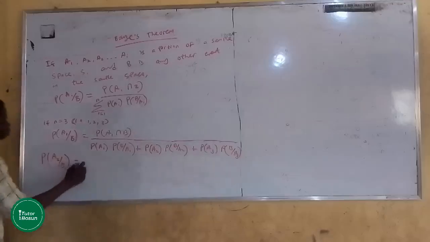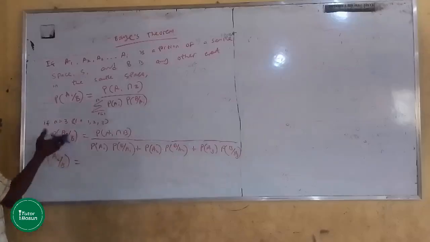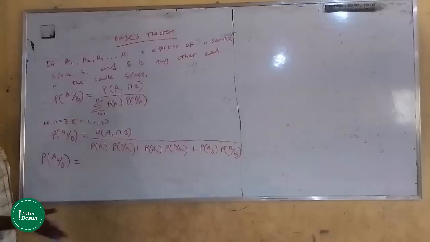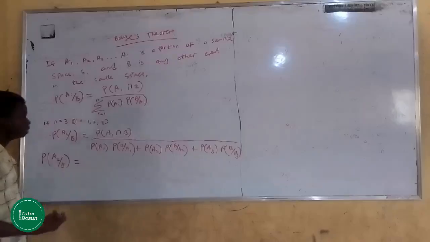And mind you, for A1, A2, A3, you are dividing with the same denominator, which is the total probability.